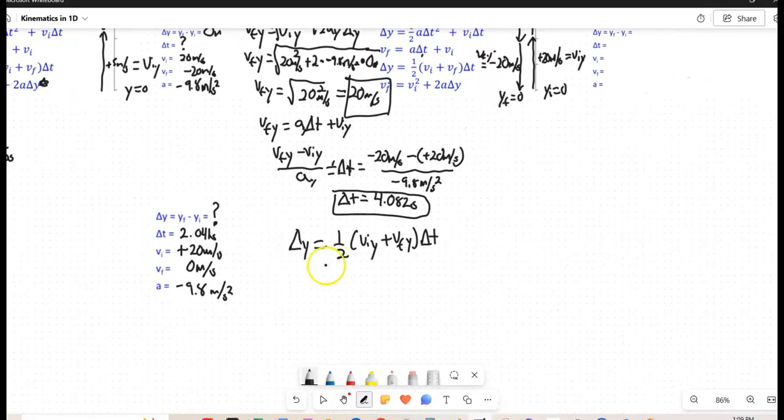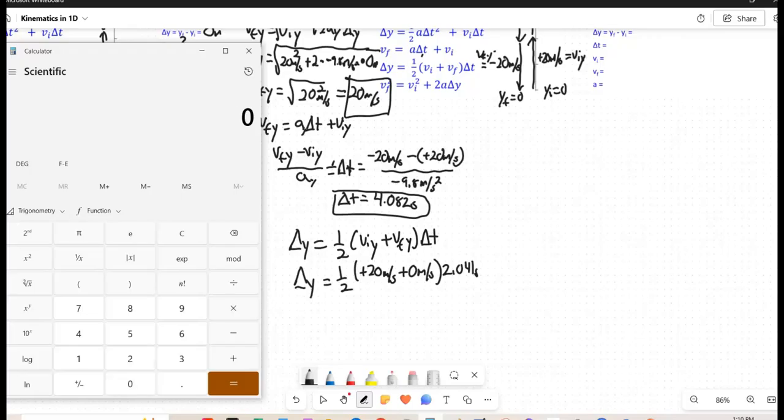So here we go. Let's go ahead and put in our numbers. 1/2. The initial velocity in the y direction is positive 20 meters per second. The final velocity in the y direction is 0 meters per second. And time is 2.041 seconds. All right.